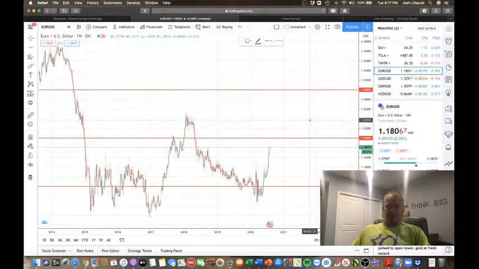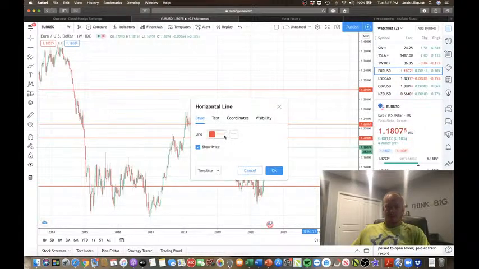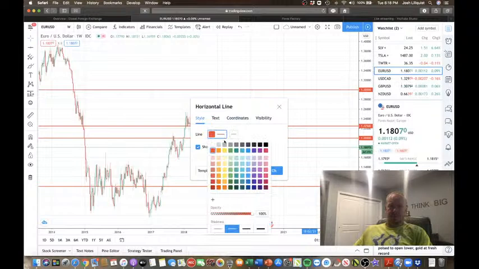Let's go to $1.22.50 and mark this in here. That's our hesitation zone. We're going to color that green, so in the future we know what we're talking about.